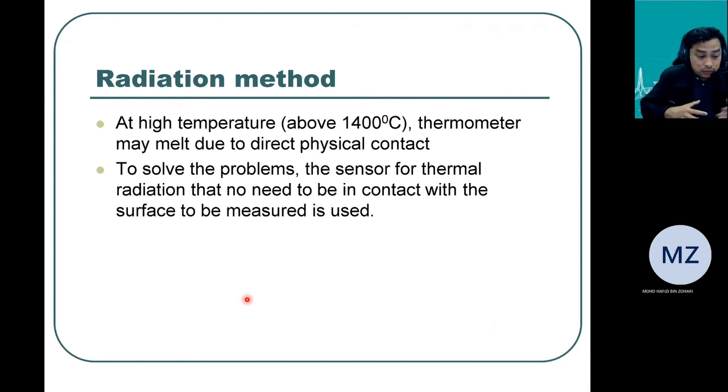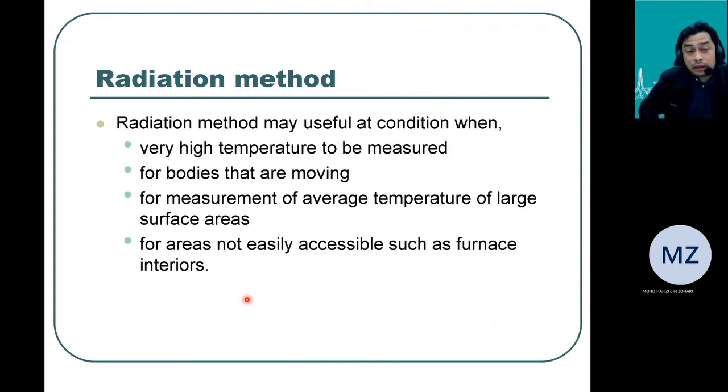It can go up to 1400 degrees C, a larger range than the thermocouple. In fact, it can go up to millions of degrees C, like when we want to measure the temperature of the stars, the galaxy, the black hole. Sorry, for a black hole we cannot measure temperature.